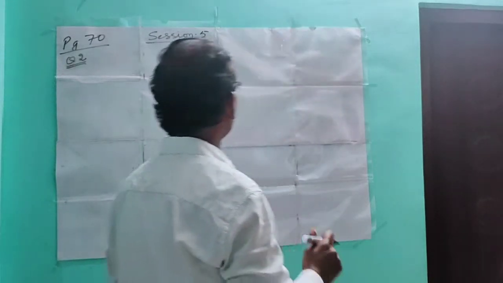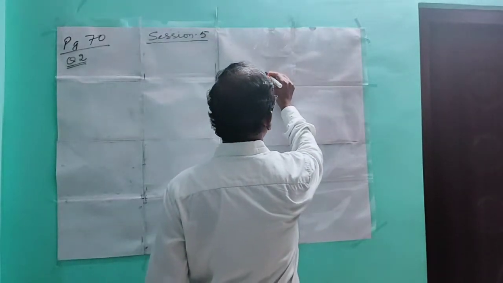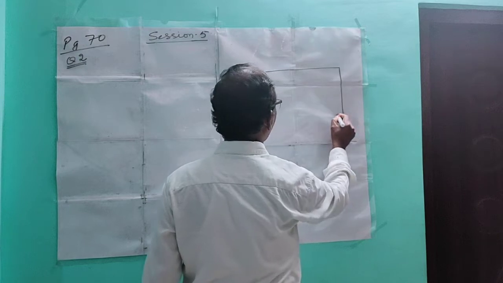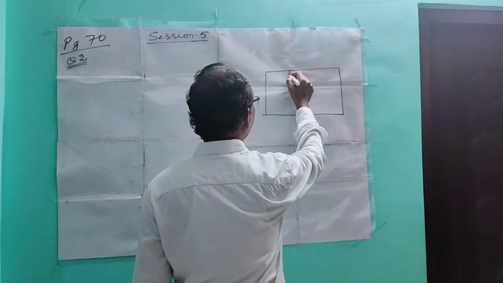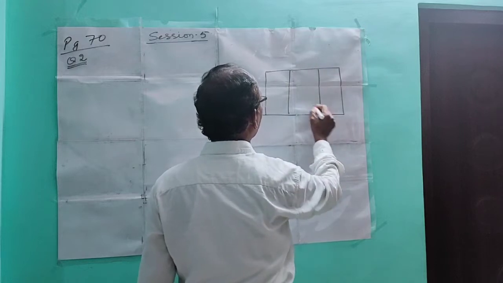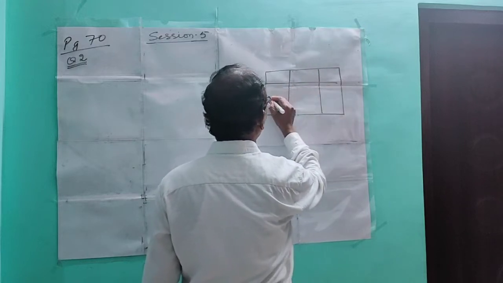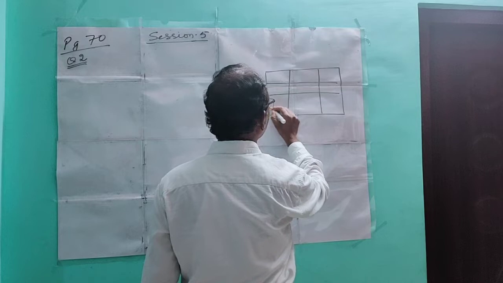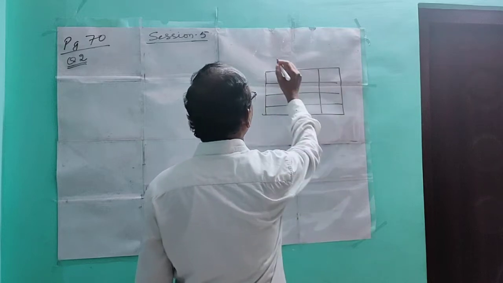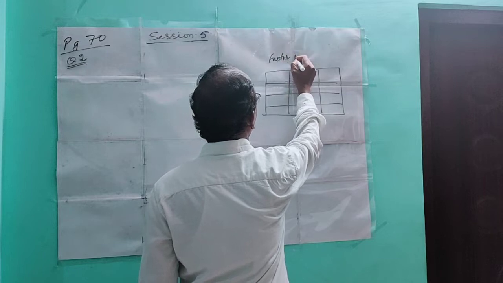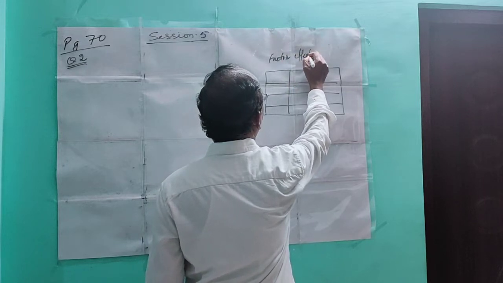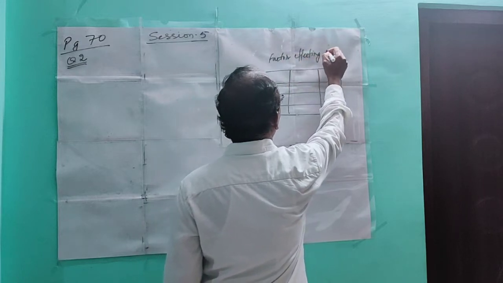So I'll just show you the output first. The output is, there are 3 columns and 4 rows. And the heading of the table is factor affecting migrations.